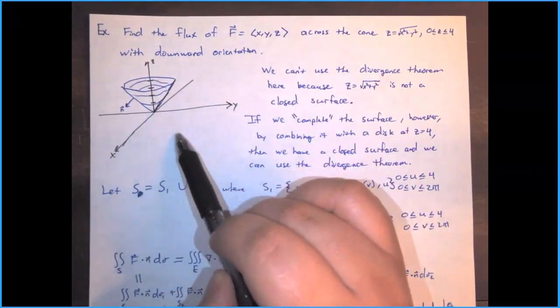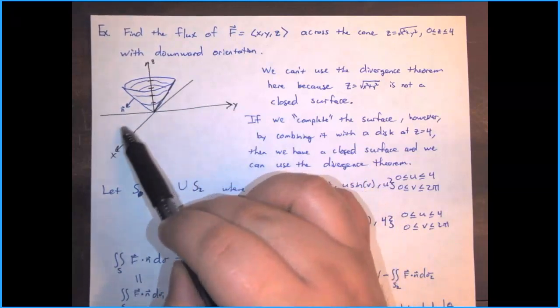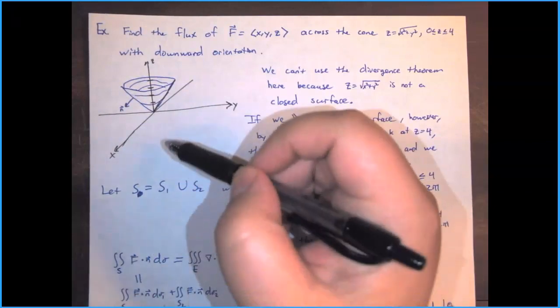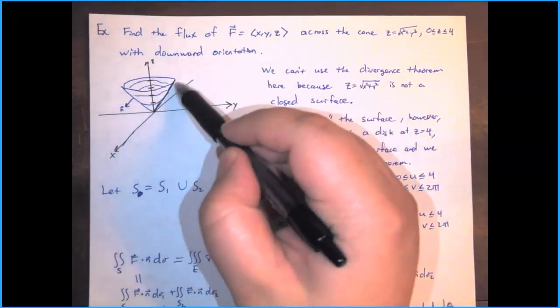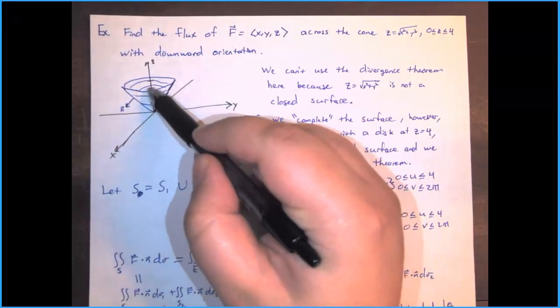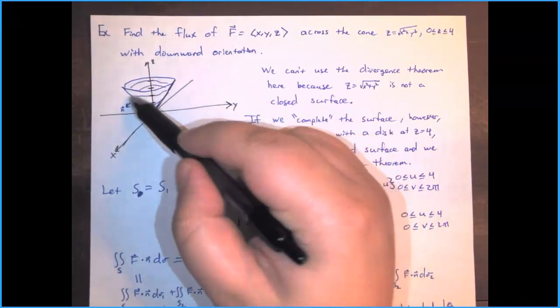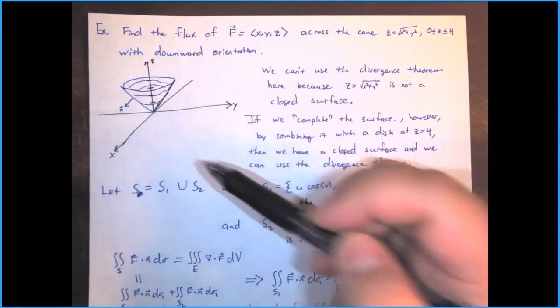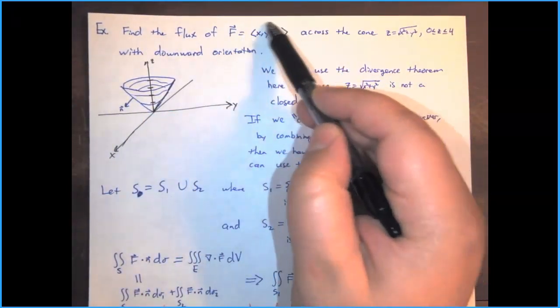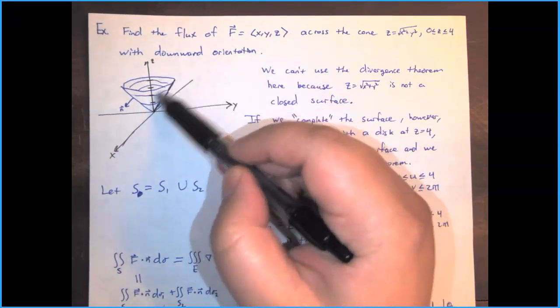So you can think that in any direction, it's a direct line from the origin. Well, that's exactly what's happening with the sides of this cone. The sides of this cone are coming straight out from the origin along a path x, y, z. Okay? So what's happening is this vector field is actually tangential to this cone.